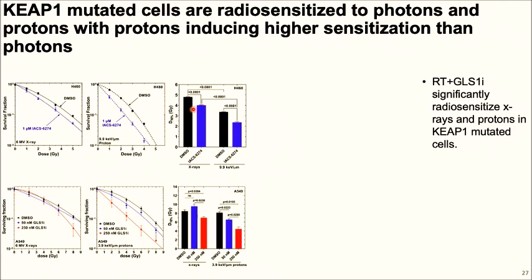You can also see a phenomenon of protons that we discussed before: the ionization density of protons is higher, so it produces more complex damage and has a higher efficacy to kill cells. So just protons alone compared to photons alone, for the same dose, you produce a higher kill effect. And when you add the drug, you radiosensitize even further. You can see the same trend for the other cell line as well.